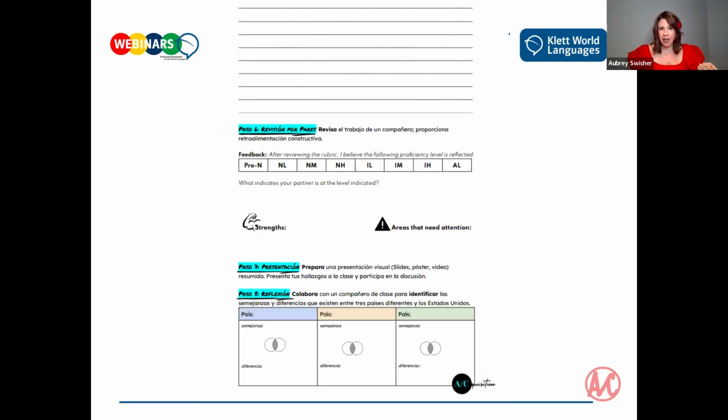But you have to compare. Right. And most of them are comparing to the United States, and they stop and say, I don't know what to say. So here, right from the get-go, find me a similarity, find me a difference. We can see that these things exist, and it's going to make it so they have a little bit of something already in their pack so that they can pull from it come time.